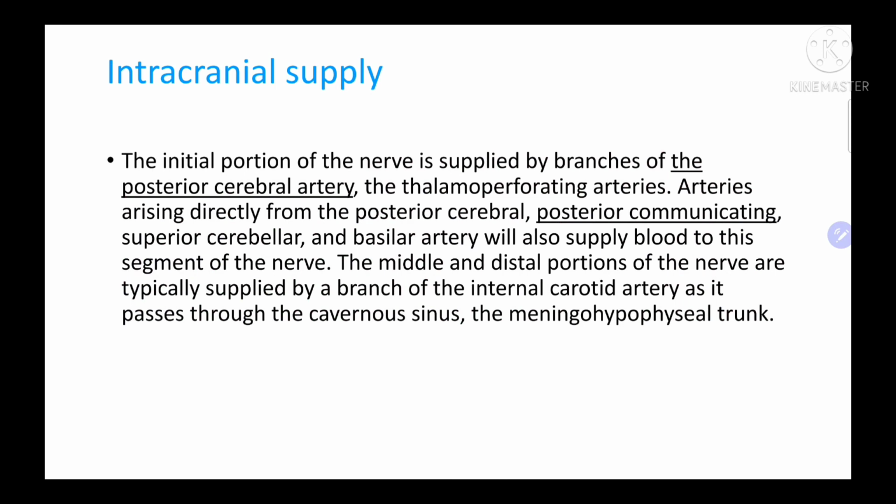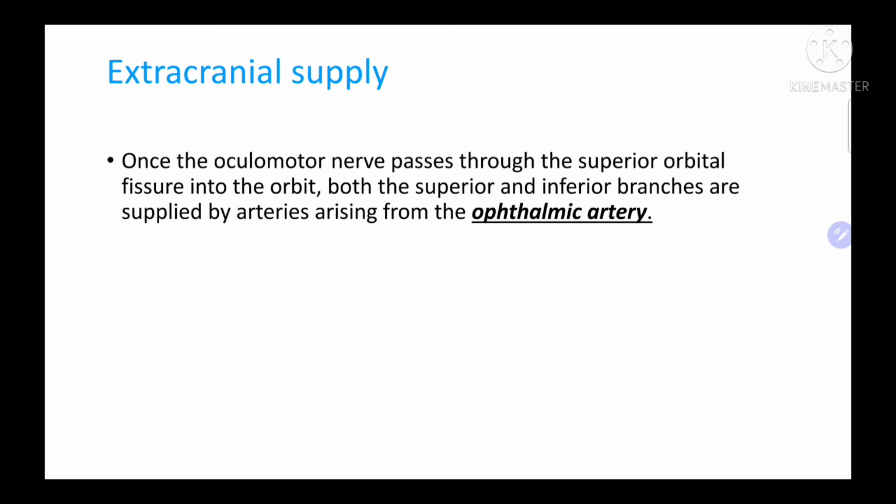The posterior communicating artery is very close to the nerve, so when we have an aneurysm of this artery, we can have affection of this nerve, like mydriasis. The extracranial supply is by the ophthalmic artery. The nerve is in the orbit.